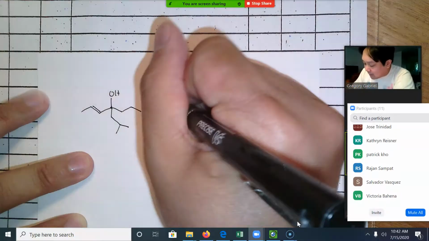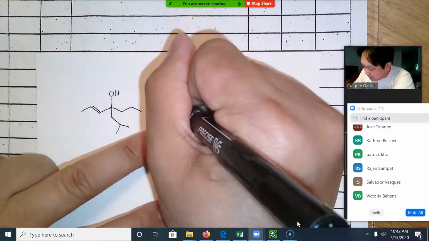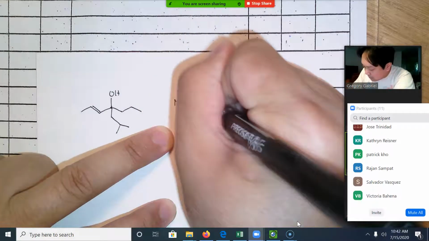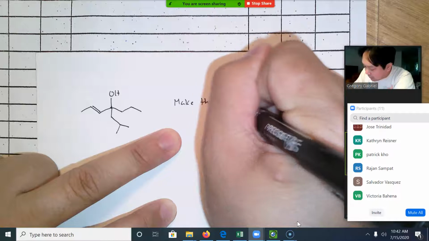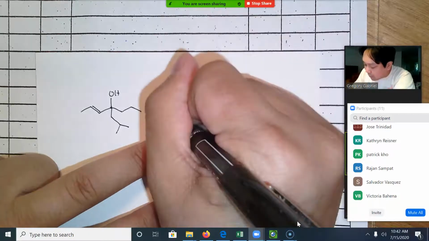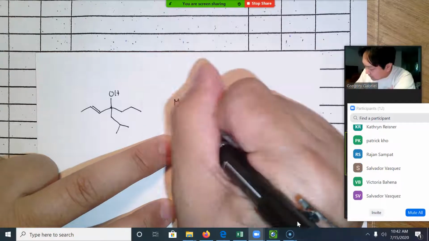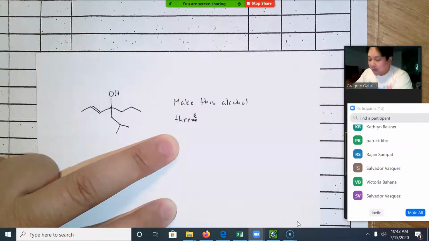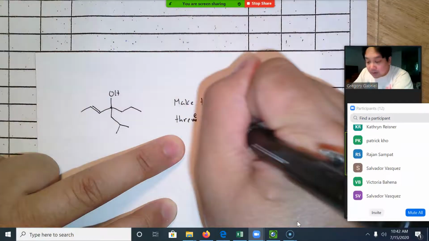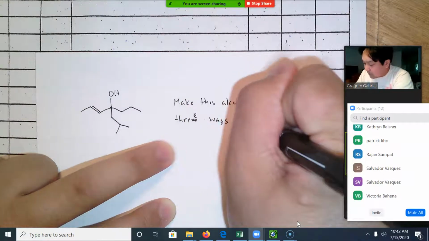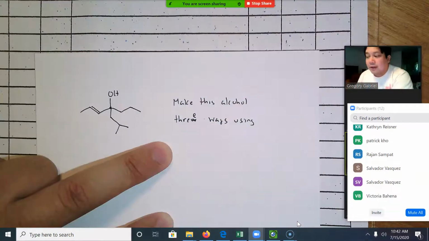I'm going to ask, make this alcohol 3 ways, using a strategy of ketone plus organolithium.